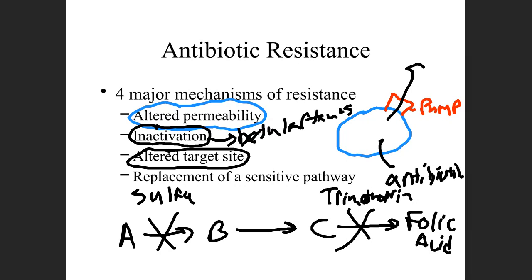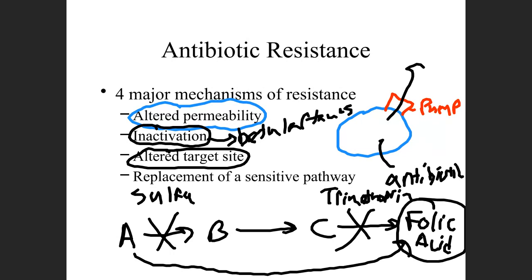But with overuse of these antibiotics, these bacteria can eventually find another way to get from here to here. They might evolve the production of different enzymes and different metabolic pathways to finally be able to make folic acid. So yeah, bacteria and these microbes, they don't have brains, but they're very smart. They evolve different ways to survive. Okay.